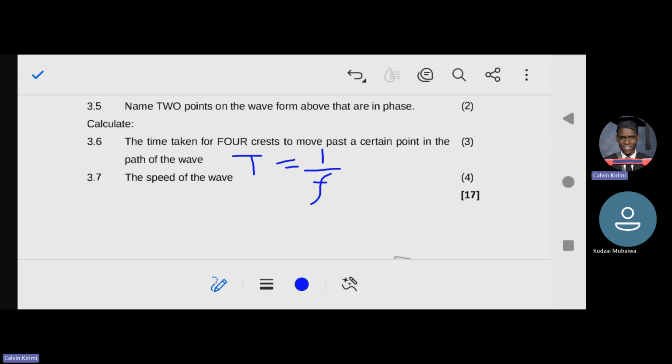And here the question is saying the time taken to complete 4 crests of the diagram that we were just doing right now.